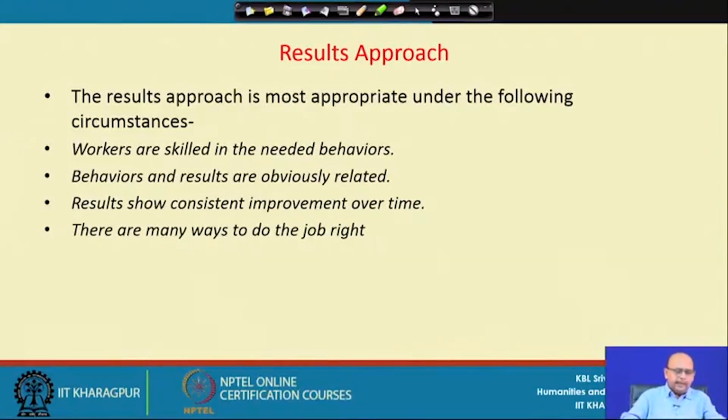The idea here is to ensure that the behaviors are result oriented. Similarly, there is a consistent improvement in performance, and do not specify certain behaviors which might lead to better results. Make sure that whatever behavior is shown by the employees is relevant, critical and contributes to the performance.